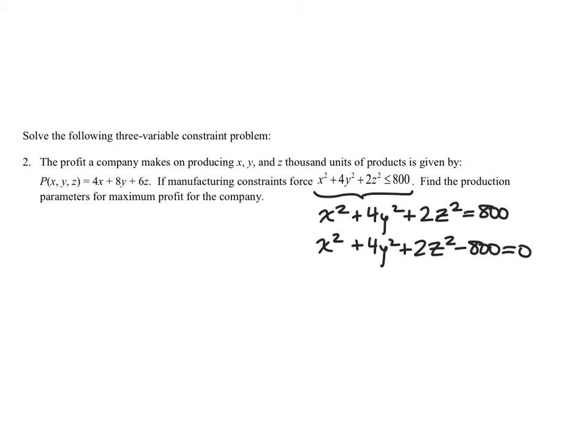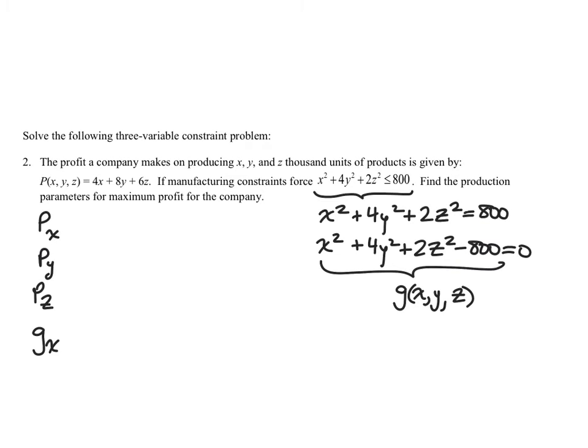And then we get to work on our partials. So we're going to find partial with respect to x, y, and z. This guy over here is my g function, so g of x, y, z. So I'm going to find my first order partial with respect to x, y, and z for the g function, the constraint function.